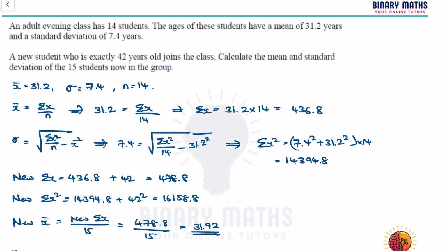And the new sigma will be equal to the square root of the new sum of x squared over 15 minus the new x bar squared, which is 16158.8 divided by 15 minus 31.92 squared, which is 7.63982, which means we get 7.64.